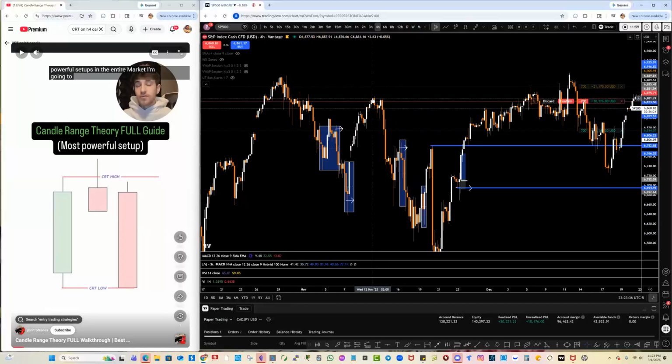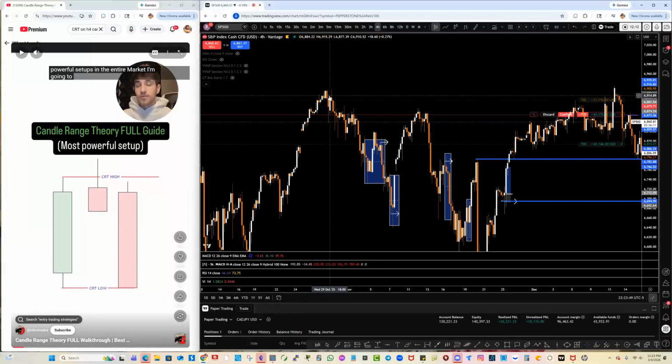So look at this one right here. It's not valid. We're talking about this candle and this candle closing bearish, and the next 8 hours was bearish. Look at this one right here, this closed bearish, and the next 8 hours, and the one after it, and the one after it, and the one after it.